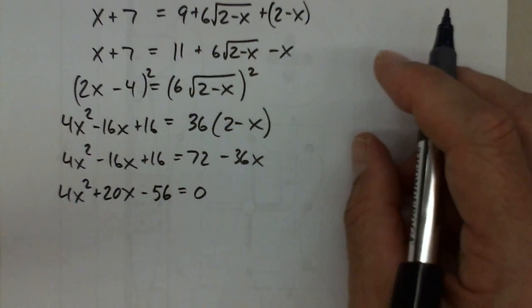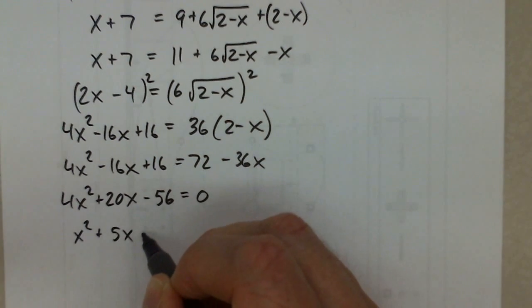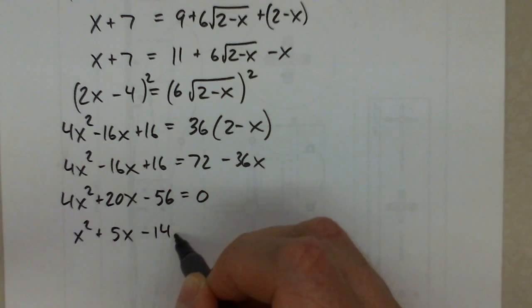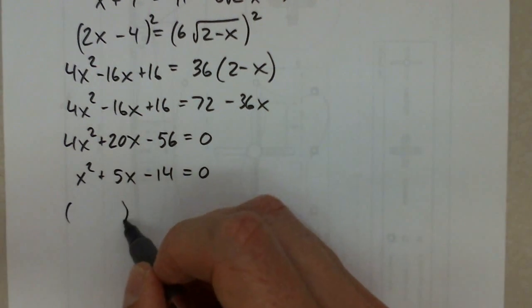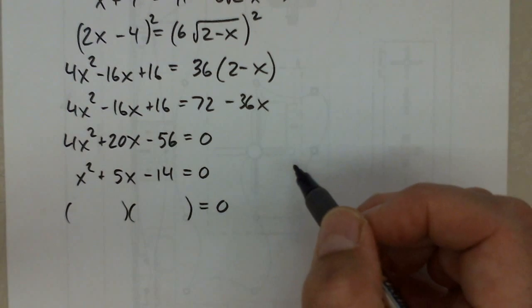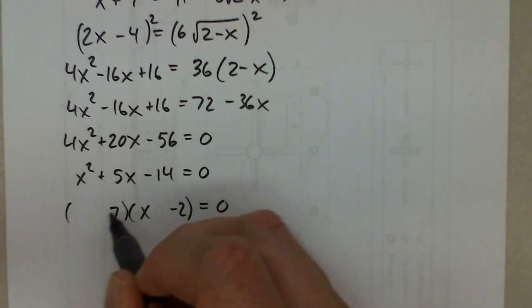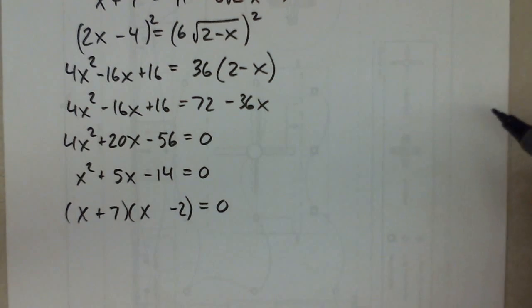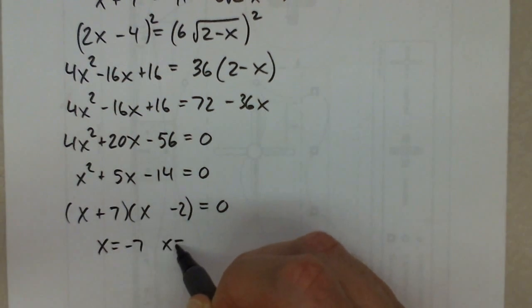And everything is divisible by 4. Then we factor, and negative 7 and 2.